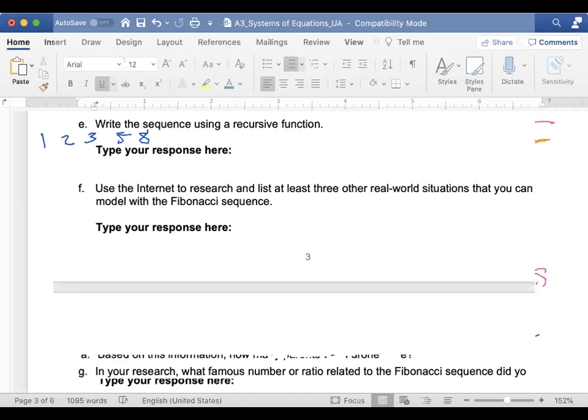I'm not seeing any examples of writing a sequence in the lesson. I'm going to pause this really fast and then come back to you.